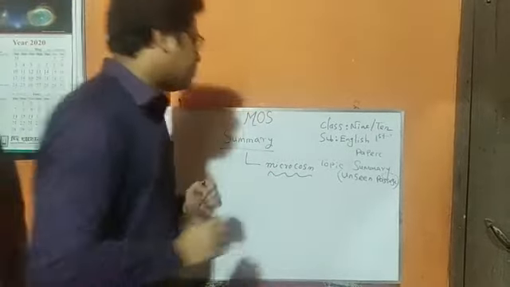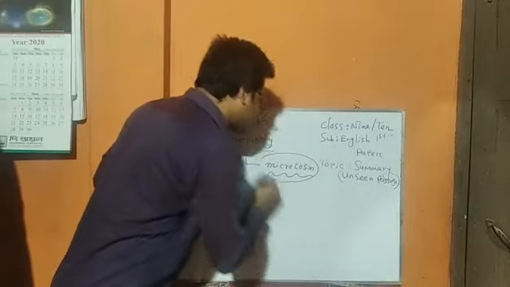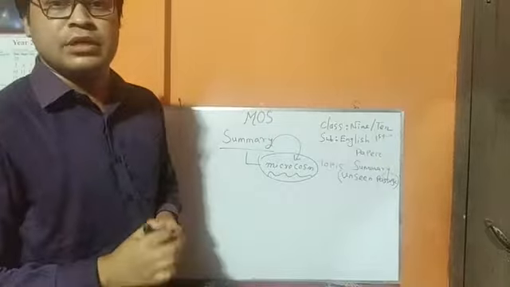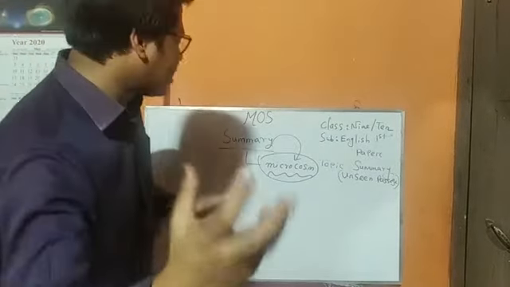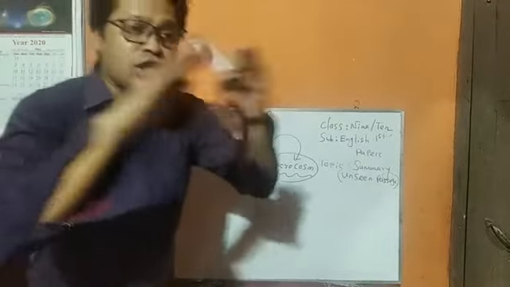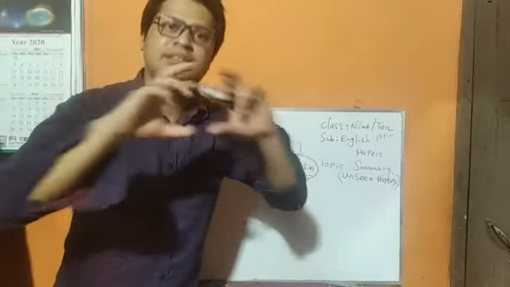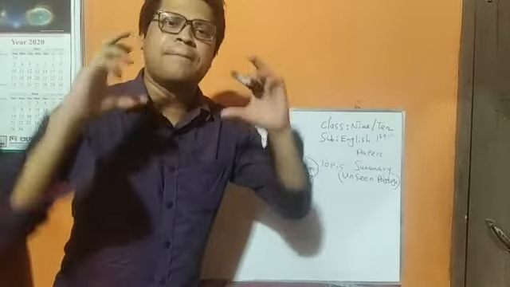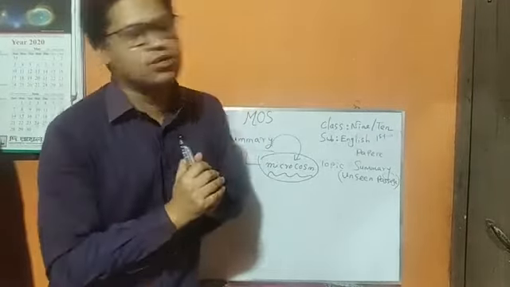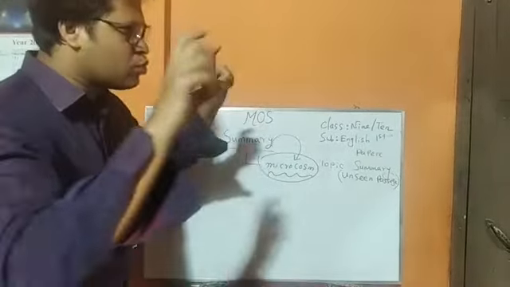That is why we can compare a summary with a microcosm. Summary is a condensed version of a text or of a passage. Okay, my dear students, I think you have understood what is summary.